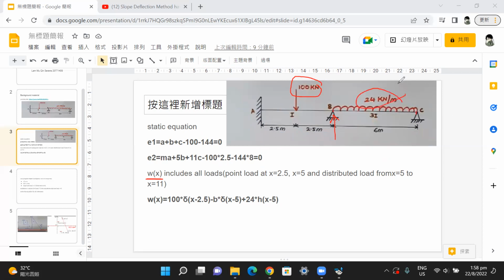And we could simply get this Wx, it's like this. And these different symbols, we will use when we type in our calculator.